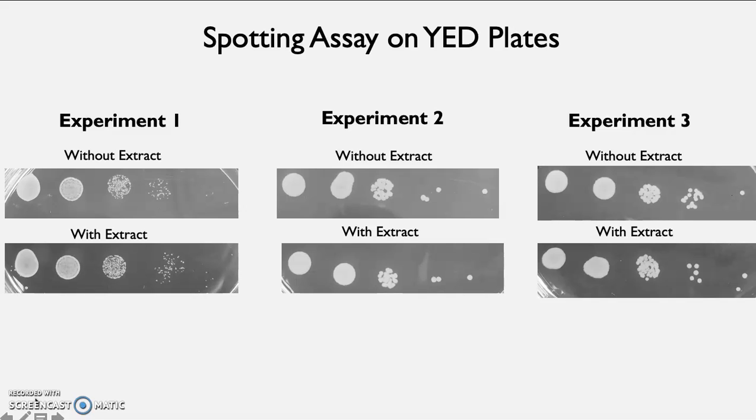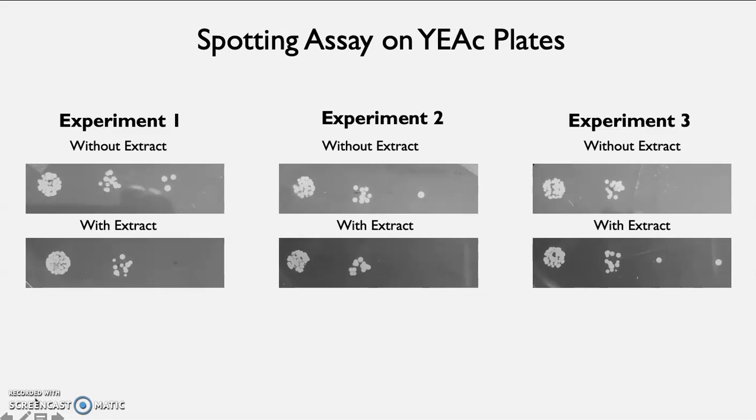So that's what you want to see. There's nothing bad there. When grown in acetate plates, there are some slight differences between each experiment when they were grown with extract and without, but not enough to really focus on, nothing out of the ordinary to be clear.